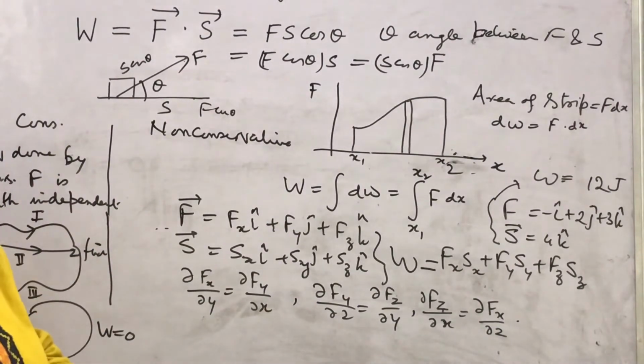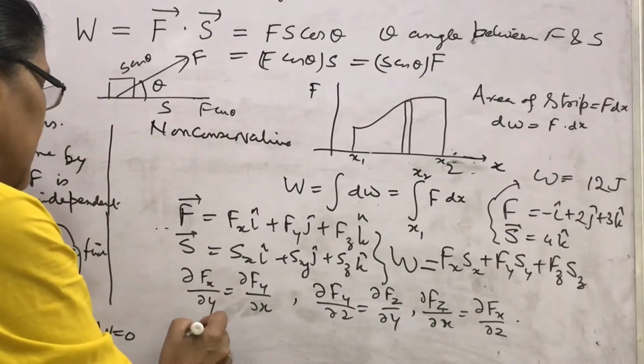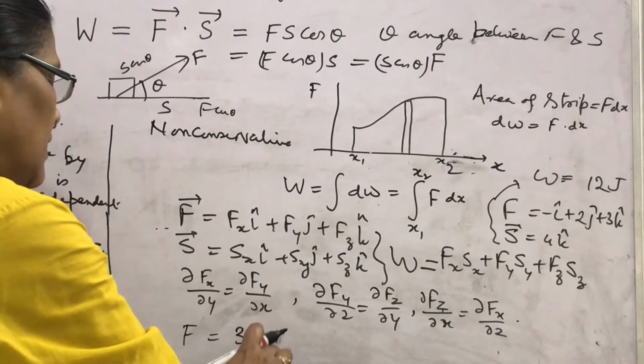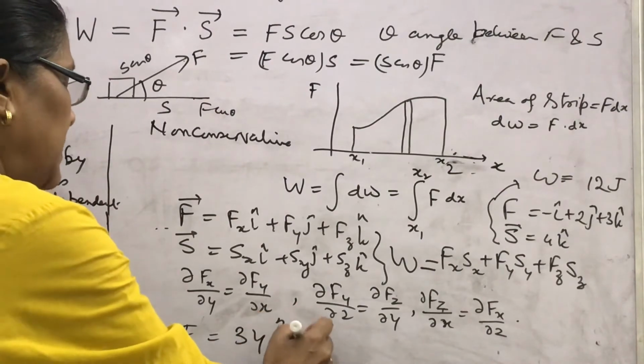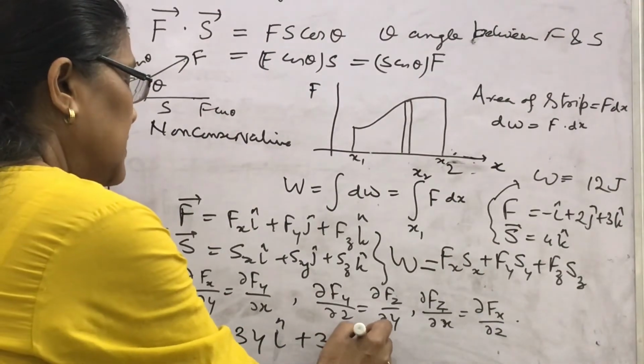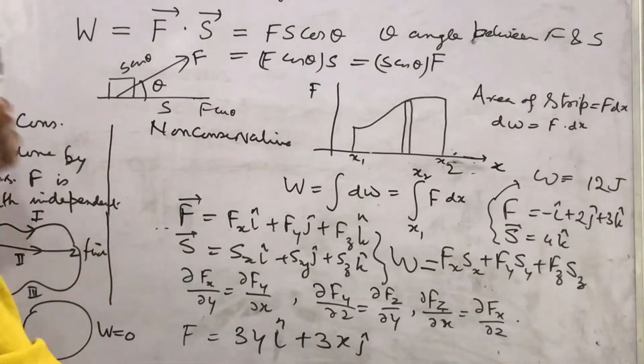said to be conservative. For example, if you write the equation of force as F = 3y i + 3x j, then what will you find?